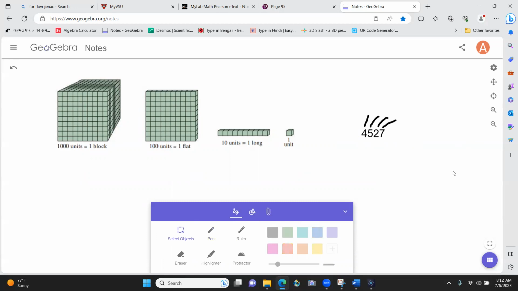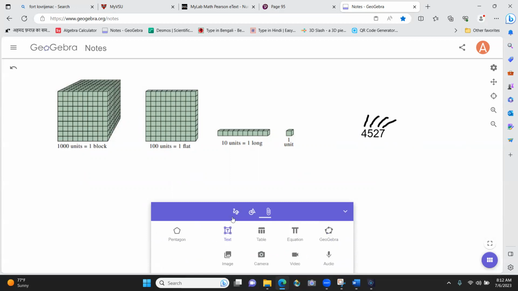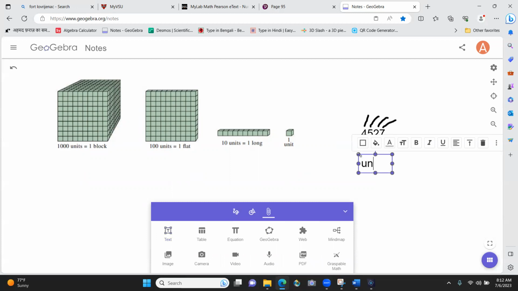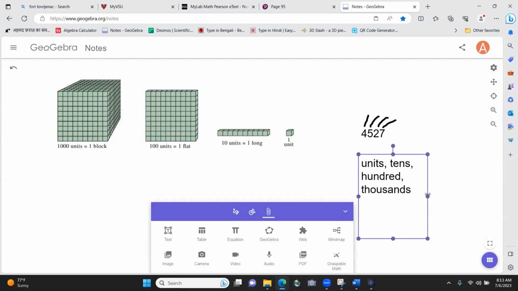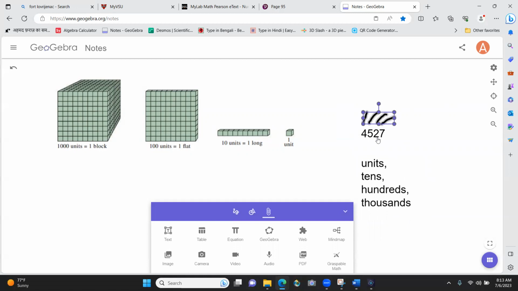So starting from the right: units, tens, hundreds, and thousands, and 10,000, so on and so forth, okay? Let's start from the right, all right? 7 is the units place.